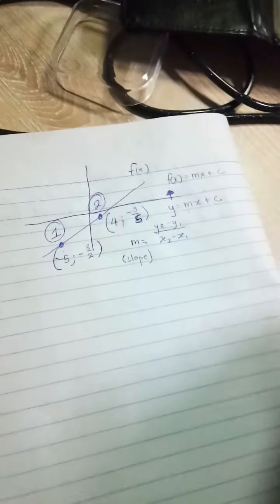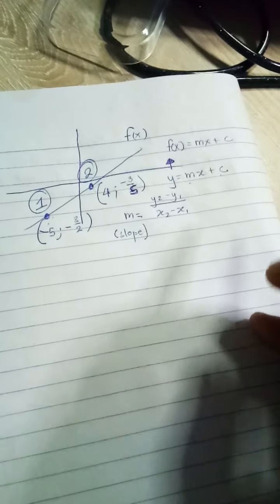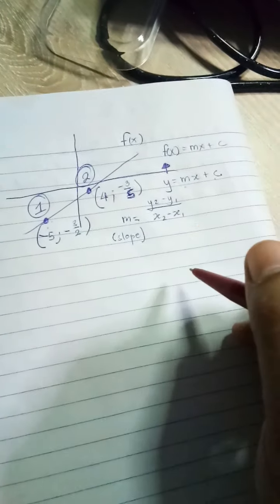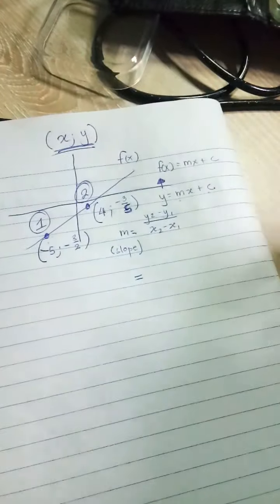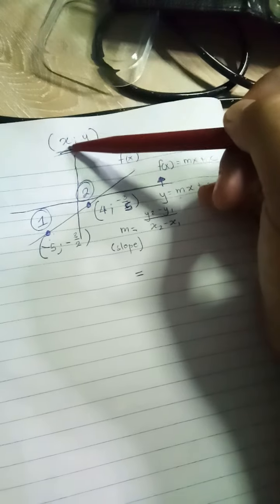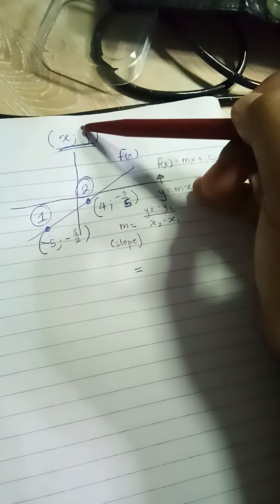I want this one to be number 1 and this is going to be number 2. Okay, now that I've chosen my coordinates, this becomes plain mathematics. Remember, when I write the coordinates, it's always the x first and then the y. So the x goes first and then the y goes at the back.